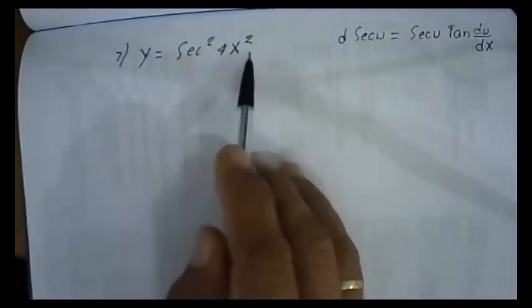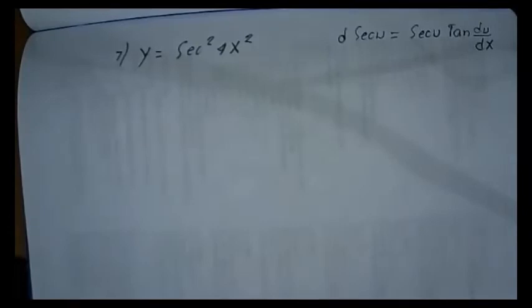So we have secant squared 4x squared. Okay.